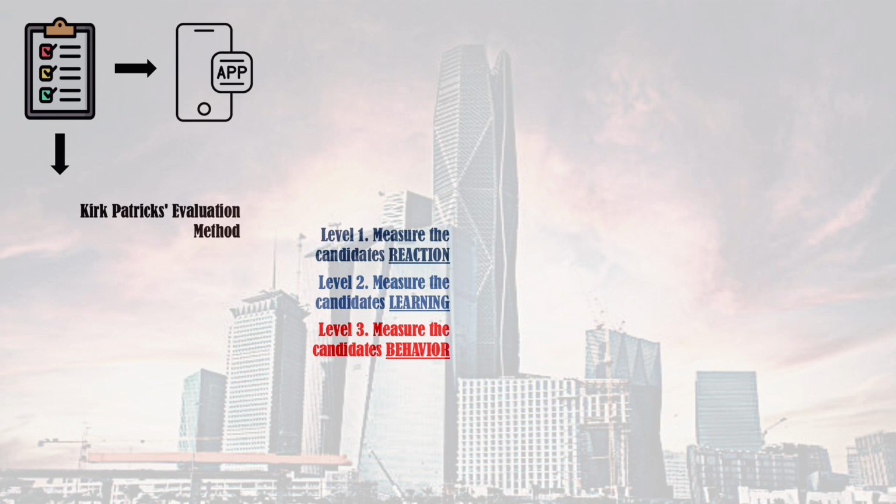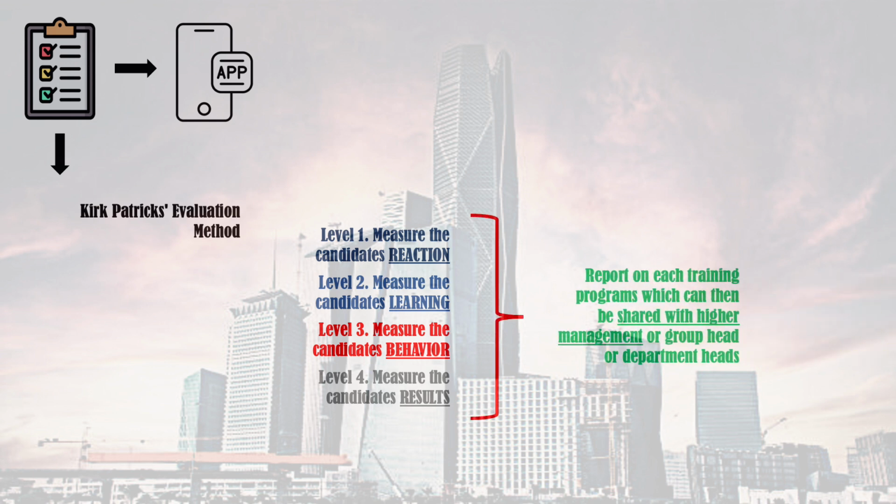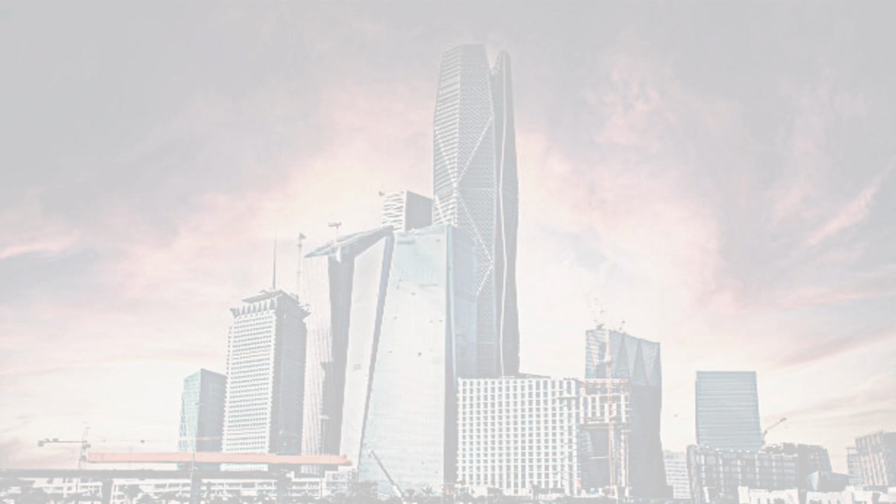You have to look at how the training, the content and the environment have played a role in changing the behavior of the candidate. And the last part is to have a benchmark where you can compare all the results. All of this will allow you to incorporate everything into a very important, very concise report, which can later be given to the higher management or department of the government.